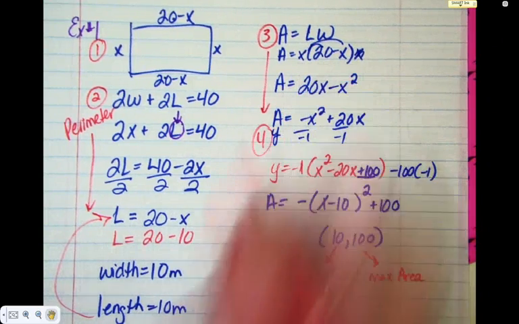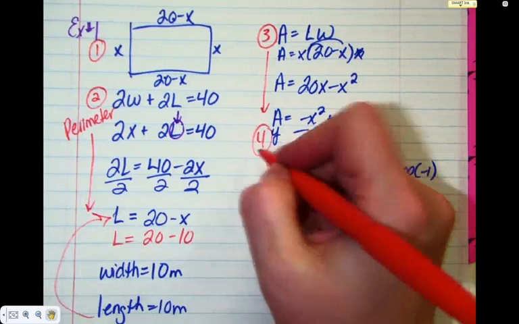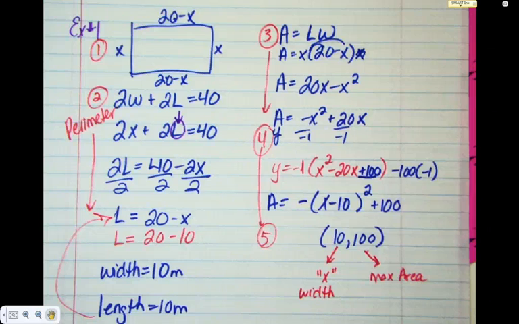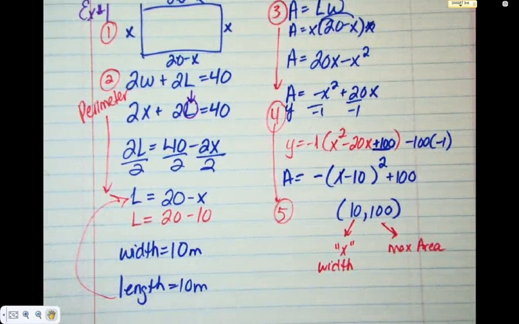Step 4 is completing the square. And the last step is just getting the vertex and answering the question. I know these are long. I know they look scary. You're going to see as we move through the next 2 examples, they're almost identical. We're just going to change the question and change the numbers.